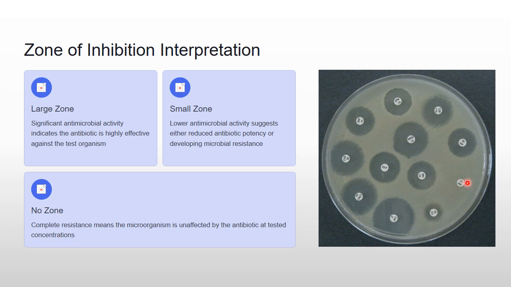And no zone of inhibition indicates complete resistance; the microorganism is unaffected by the tested antibiotic concentration. That is, a large zone indicates maximum activity or potency, a small zone indicates lower activity or resistance, and no zone indicates there is no activity, or there is complete resistance by the tested organism.